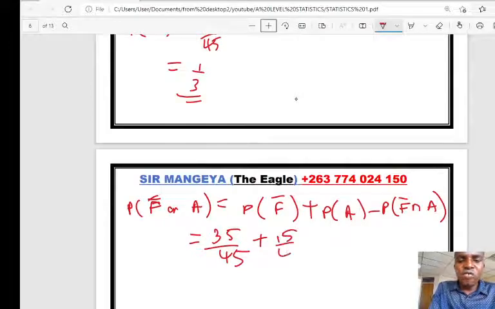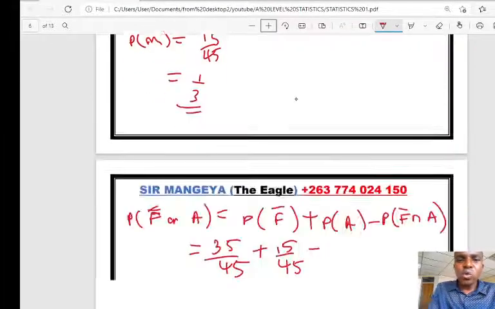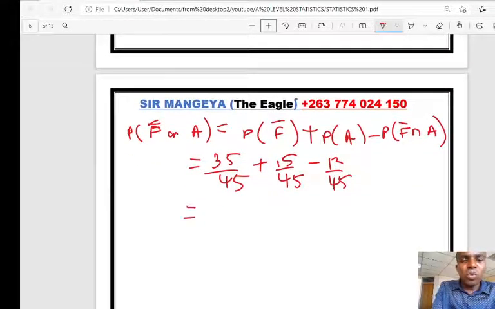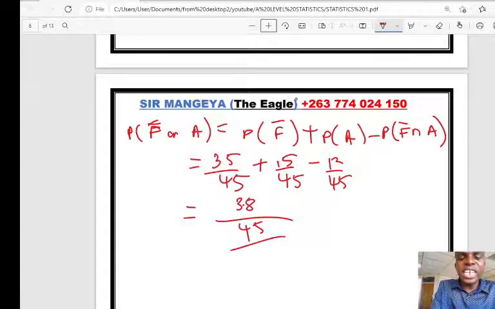Minus not faulty and from machine A, which is actually 12 over 45. Right, then you simplify, maintain your denominator 45, it is 35 plus 15. 35 plus 15 is 50. 50 minus 12 is 38. So it's 38 over 45. Then you can say done.